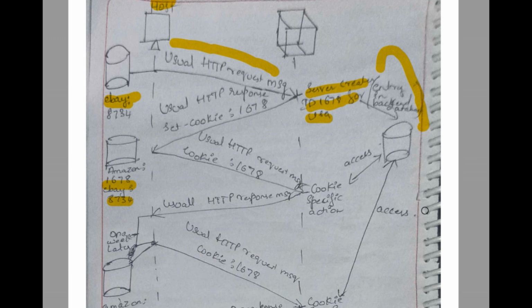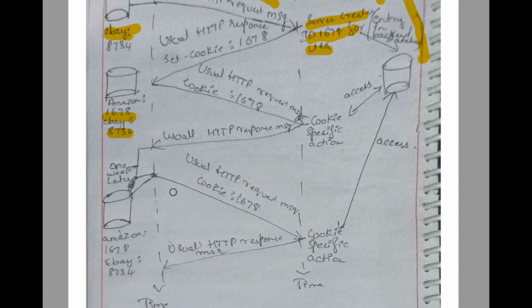So when you visit the Amazon website the next time, you start from where you left off, and the server sends the HTTP response message, even after a week or after a month. If you visit the website using the HTTP request message with cookie 1678, the data is preserved, and you will start from the place where you left the website.